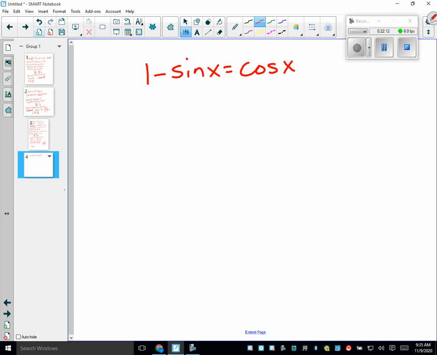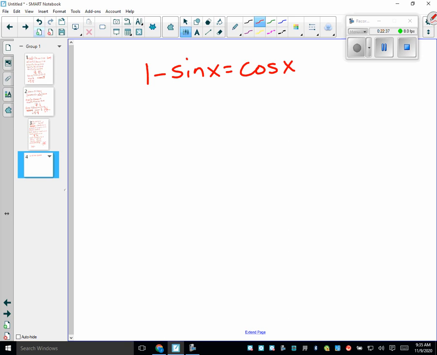All right. We have 2 trig functions. I need it in 1 trig function, right? There is no way to change sine to cosine or cosine to sine without squaring both sides, because I can change a sine squared or a cosine squared, can't I?